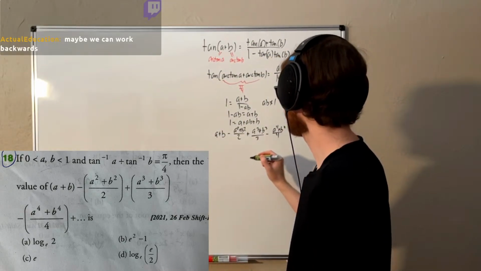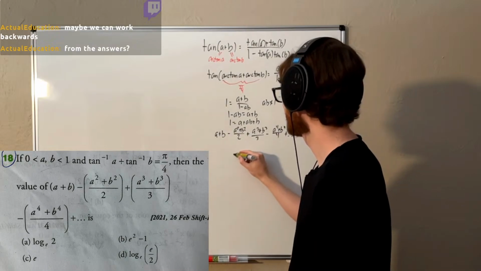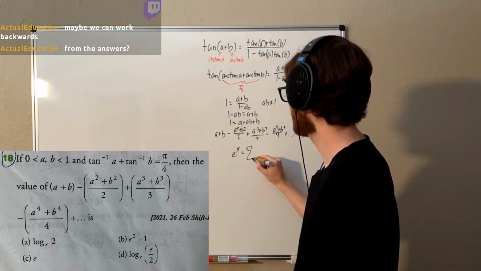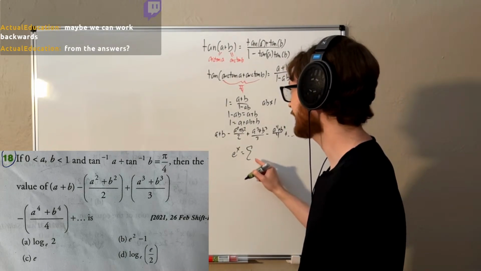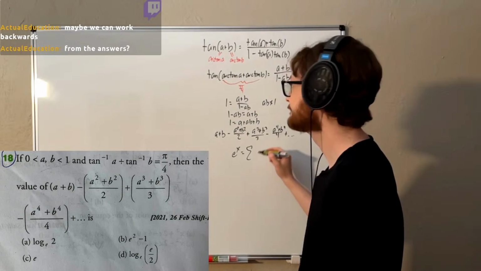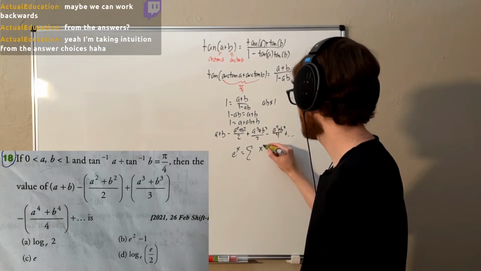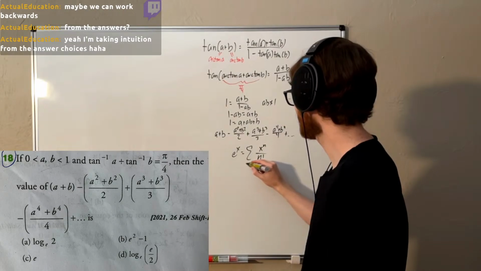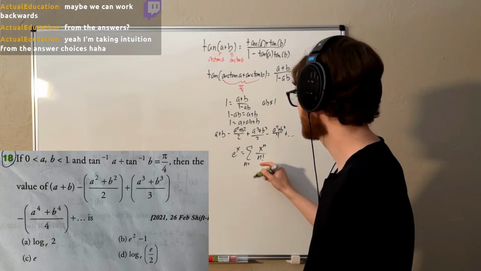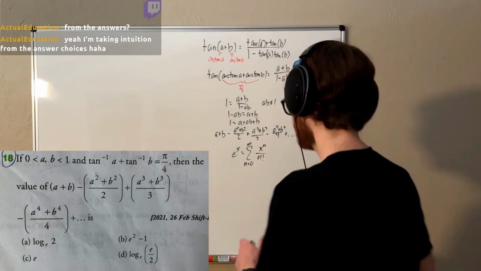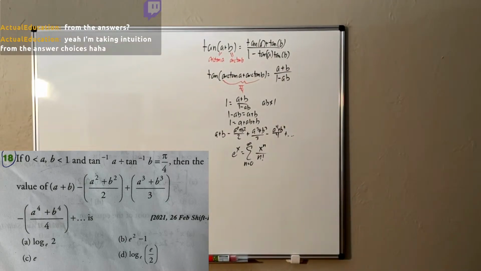We do want to split this up into two different series because E to the X as a series is the sum, oh my God, it's literally X to the N over N factorial from N equals 0 to infinity? And that matches exactly with the A's and the B's.